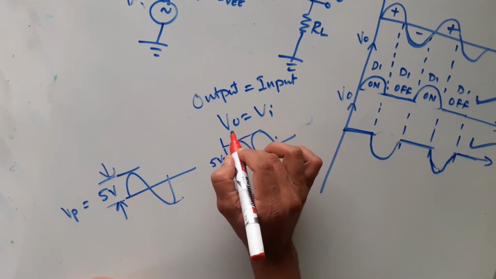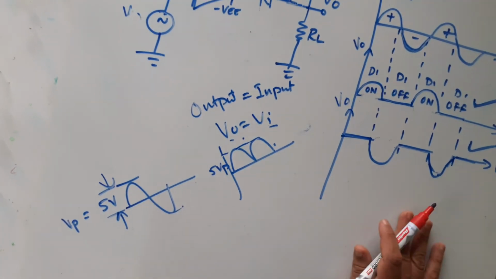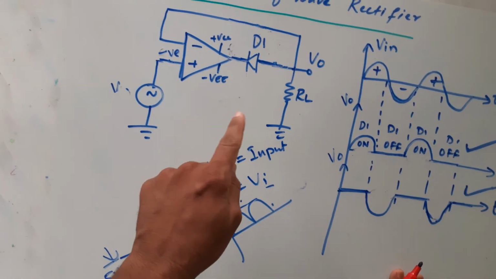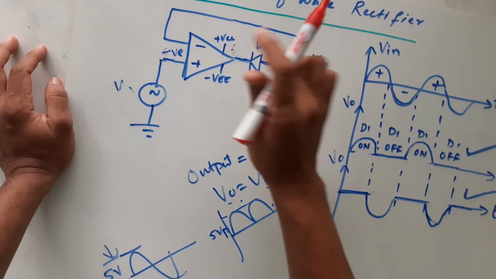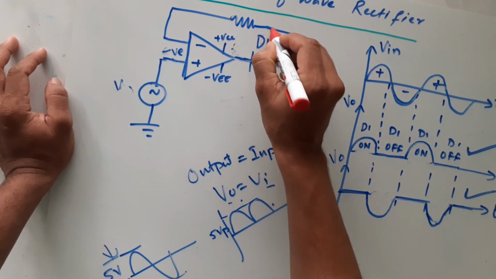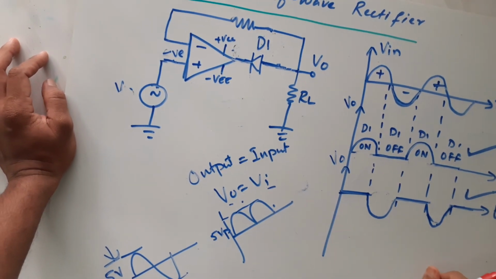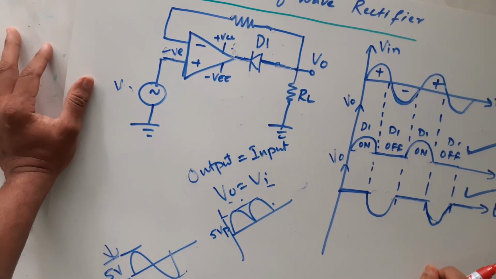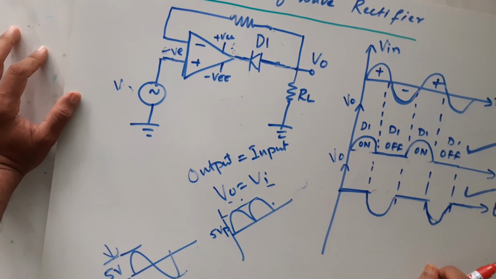Hence we can say output is equal to input, because it is working as a voltage follower circuit. Why voltage follower circuit? No resistor is connected in the feedback path. Now if I add a resistor here, we call it feedback resistance. Because of this feedback resistance, it will have a gain.